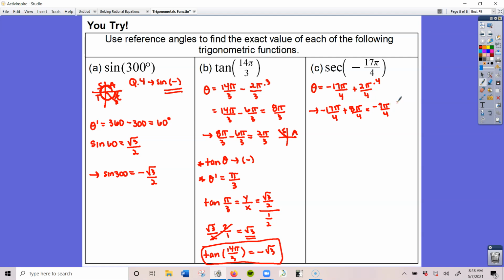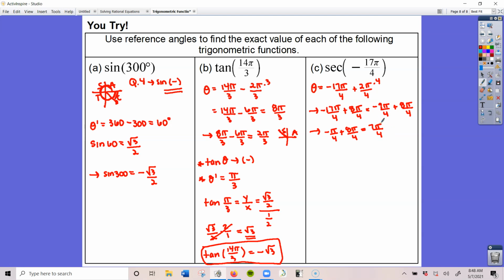Still negative, so we have to add another 2 pi, which is the 8 pi over 4, which gives me negative pi over 4. But it's still negative, so I'm going to add one more time, and I get 7 pi over 4. So this is the positive coterminal angle.